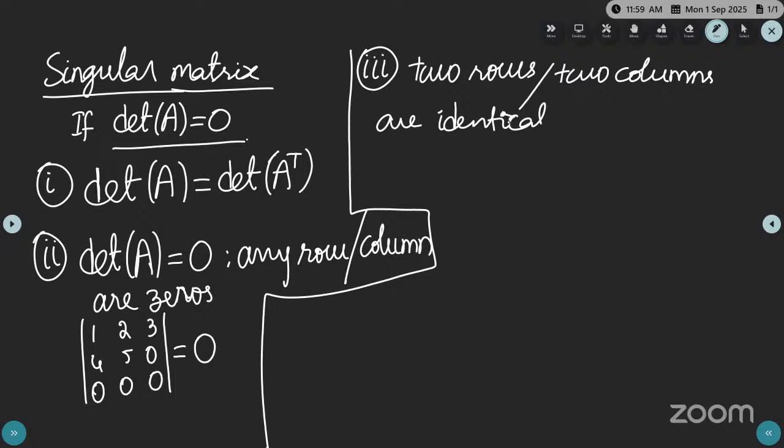Identical means same. Say for example, x1 x2 x3, x1 x2 x3, y, z, c equal to 0. First two rows are identical. Any two rows or two columns, if all are identical, obviously 0. Clear? Yes or no? Right, next.